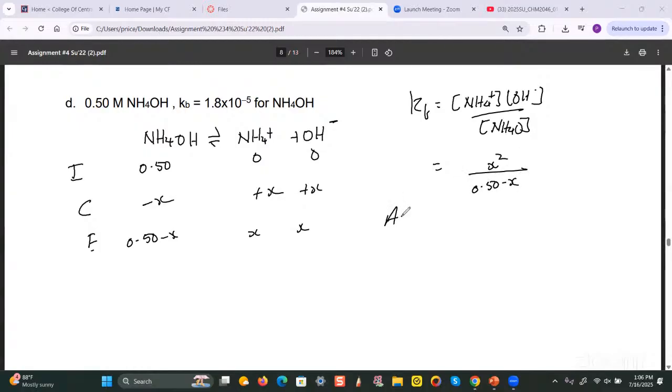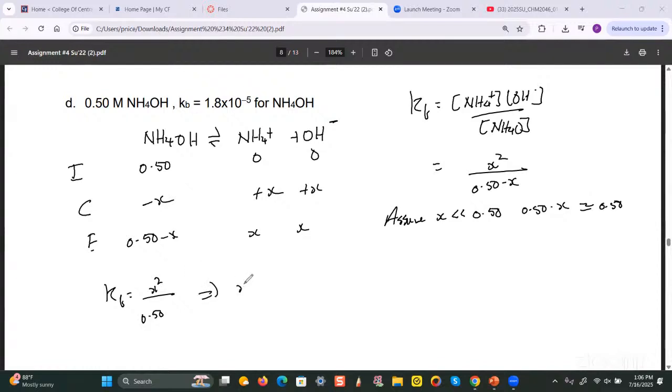And then we make the assumption as usual. We assume that X is much less than 0.50, which means that 0.50 minus X is approximately 0.50. That simplifies to Kb is equal to X squared over 0.50.